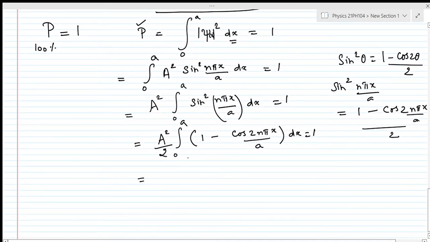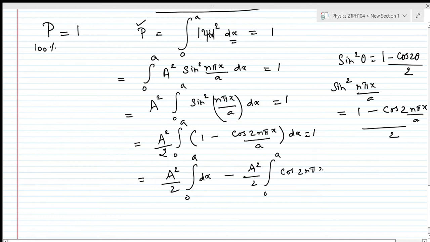Then solving this, we get A squared by 2 integral 0 to a dx minus A squared by 2 integral 0 to a cos (2 n pi x by a) dx, which is equal to 1.